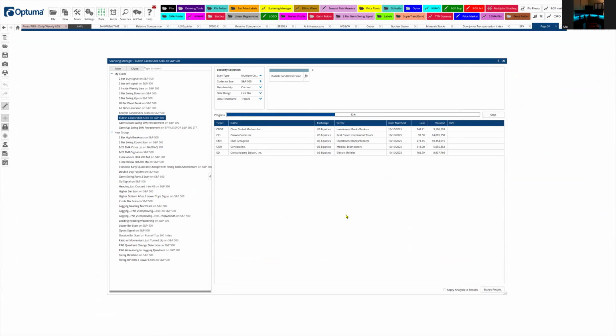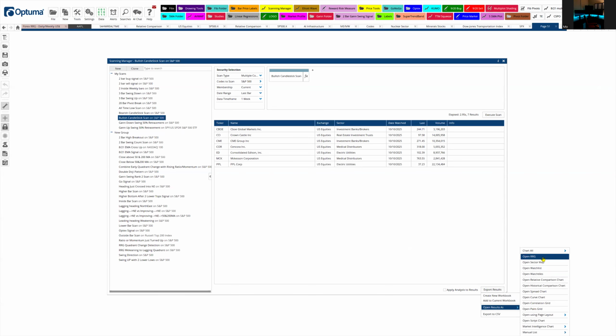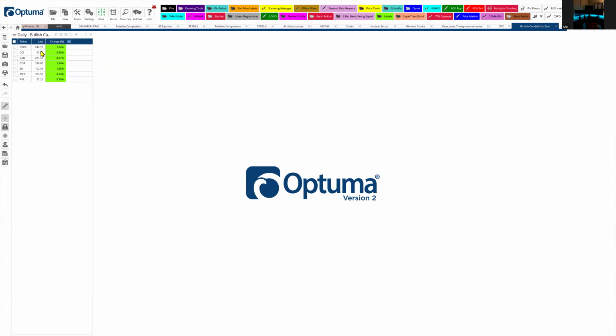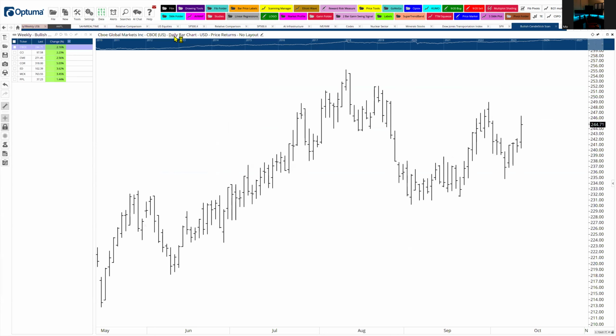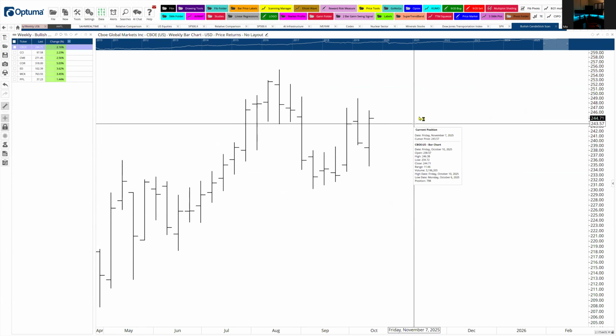Any bullish setup for next week? These names are the bullish setups right there for next week. I don't think there are that many setups out there, to be honest, for next week.